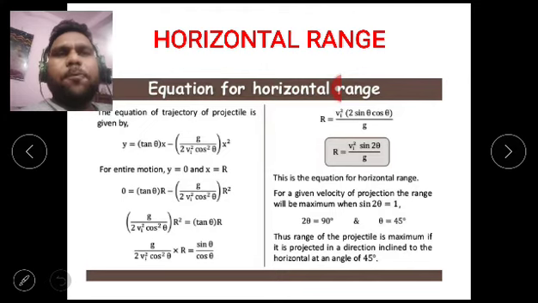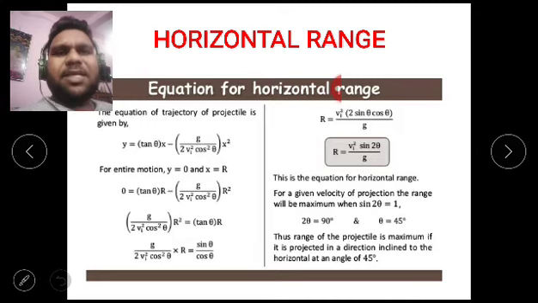So now we will move to horizontal range. We will calculate the horizontal range using two different methods. Before I explain the derivation for the horizontal range, I would like to request you to see video number 1 of the projectile motion.